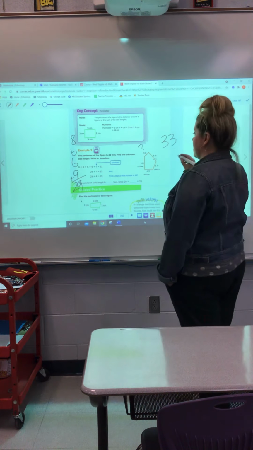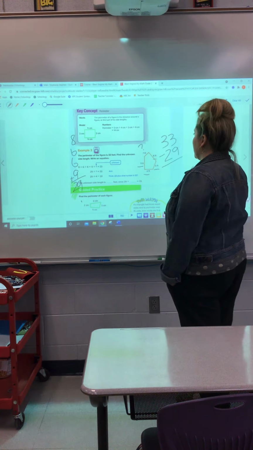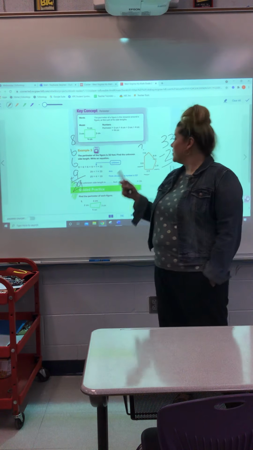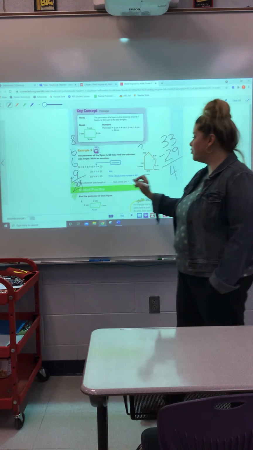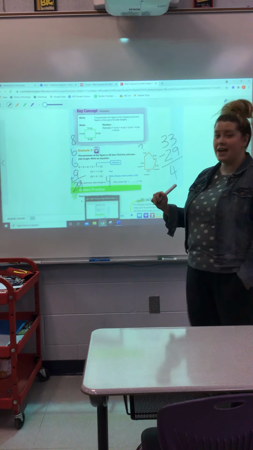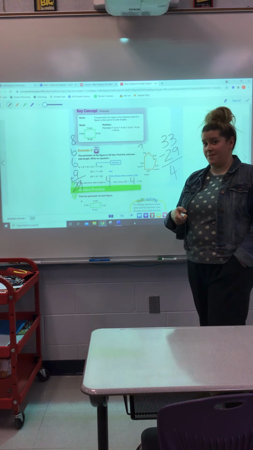Right, I can subtract them. So 33 minus 29 is 4. There we go. So we now know that this missing side is 4 feet, okay? Because 29 plus 4 equals 33, okay?